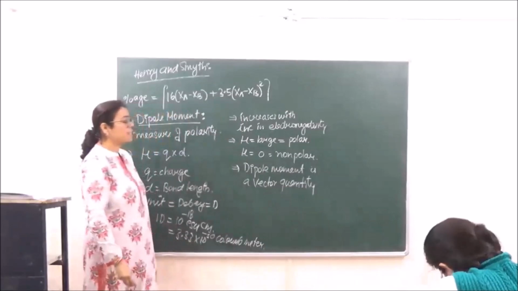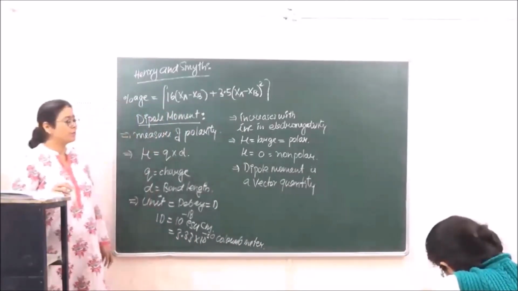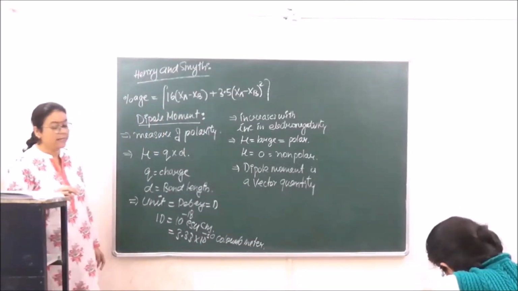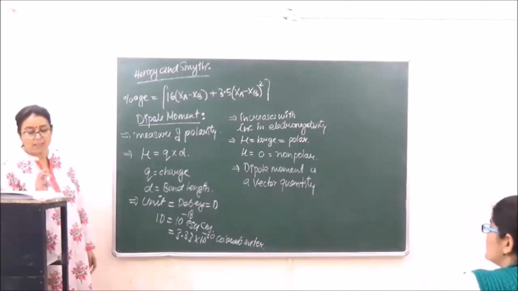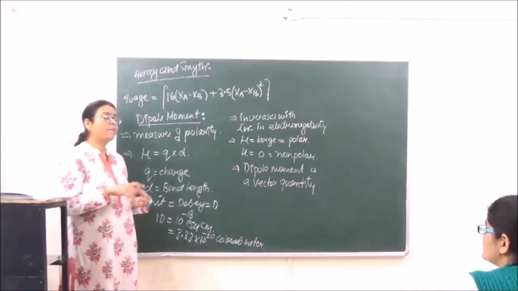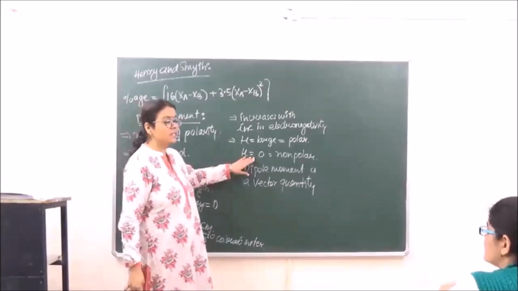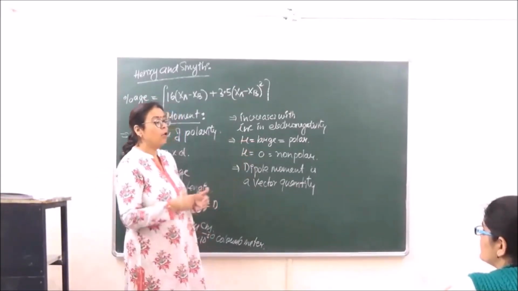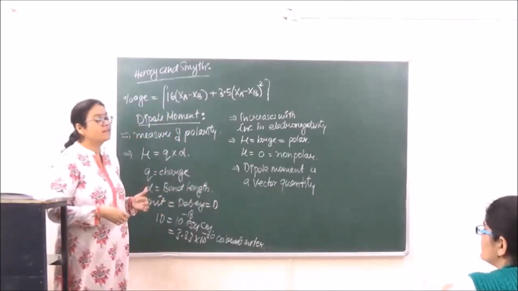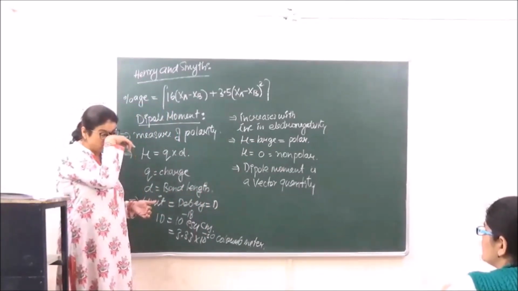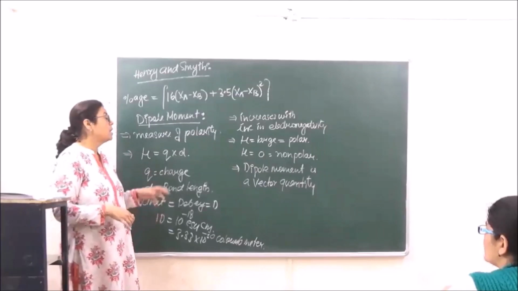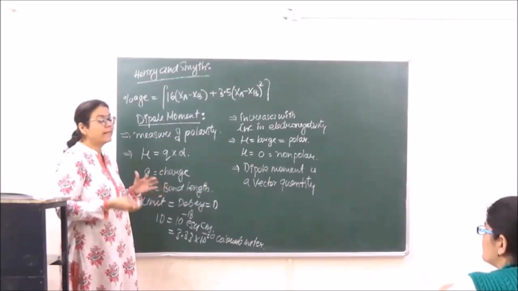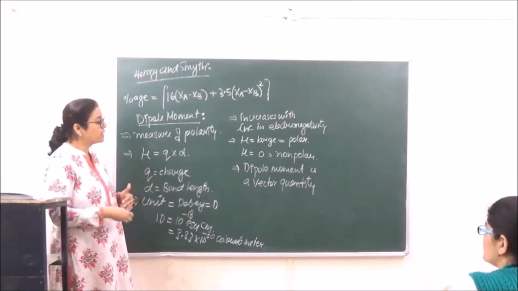Now if it is a vector quantity, it will have both magnitude as well as direction, right? So depending upon this, if the overall dipole moment is greater than 0, then those molecules are said to be polar, and if the overall dipole moment is equal to 0, those molecules are said to be non-polar. Why are we talking about the net dipole moment or overall dipole moment?